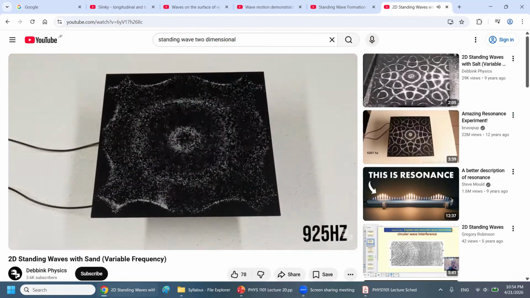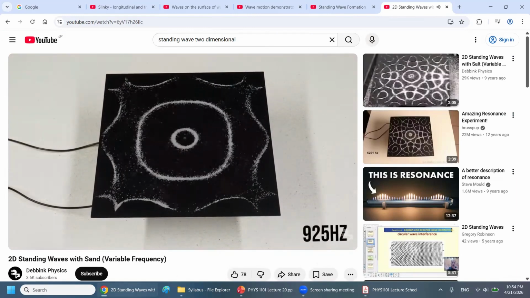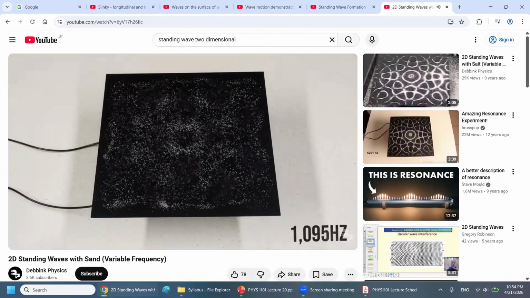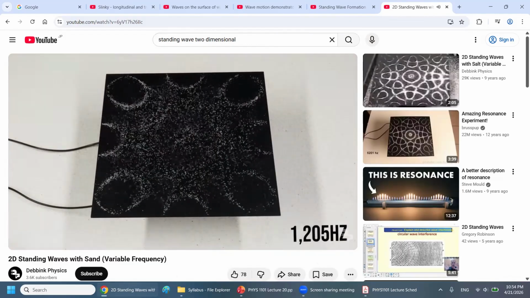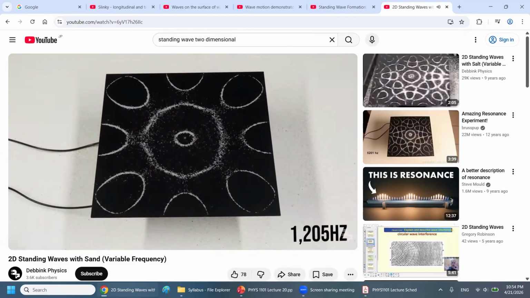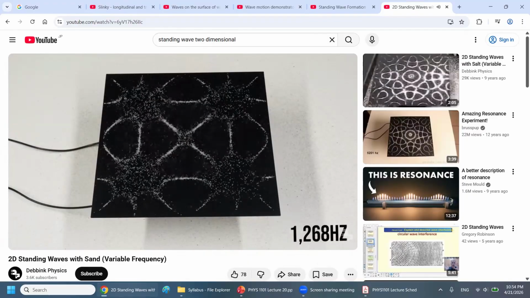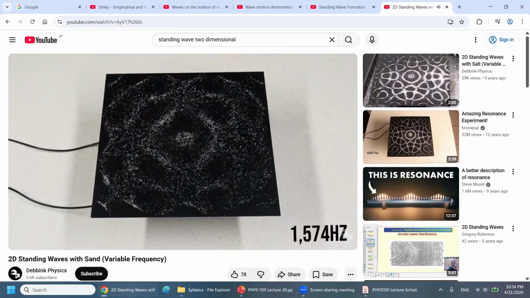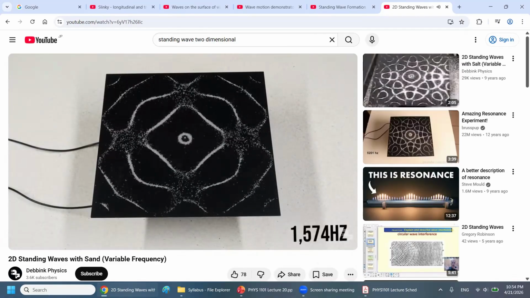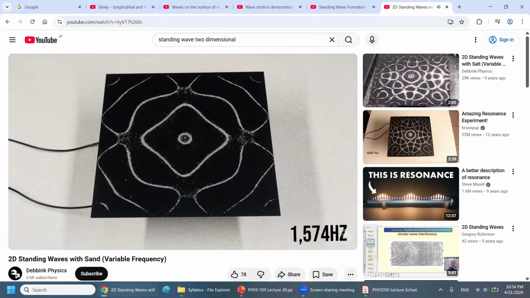The nodes will collect all the salt, and the salt will show you where the nodes are in the two-dimensional plane. The different modes, again, have different frequencies. You can look at it on the bottom right side. We have different two-dimensional standing waves, and they have different frequencies and different patterns in space.